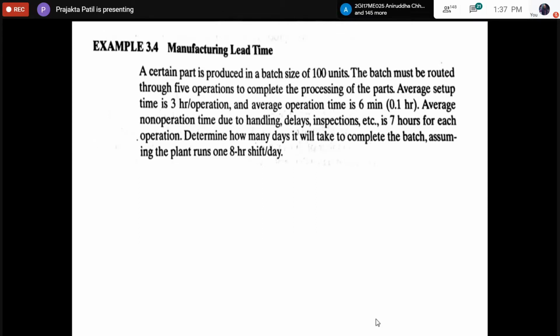Average non-operation time due to handling, delays, inspections, etc. is 7 hours for each operation. Determine how many days it will take to complete the batch, assuming the plant runs one 8-hour shift per day. The plant runs one 8-hour shift per day. So write down the given data here.